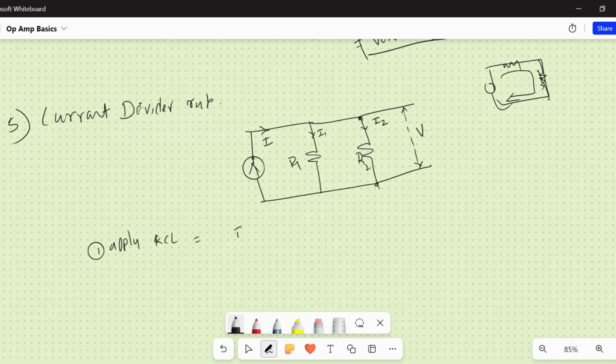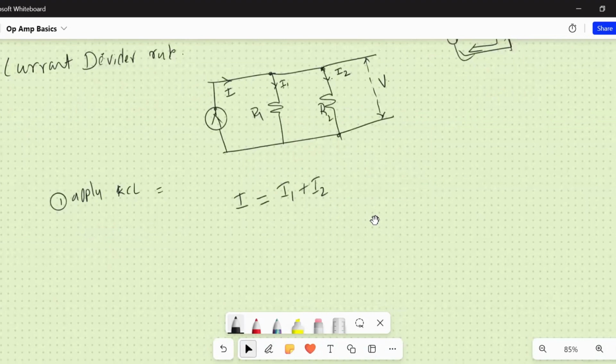I already told you, KCL says the sum of the incoming currents entering the junction is equal to the sum of the outgoing currents. What is the incoming current? I, which is equal to the outgoing currents, I1 plus I2. Simple. Just apply the process.